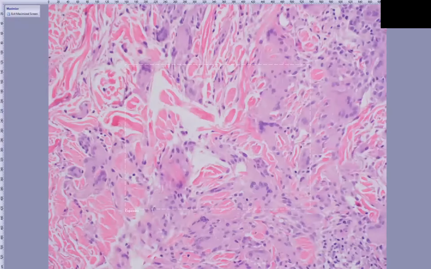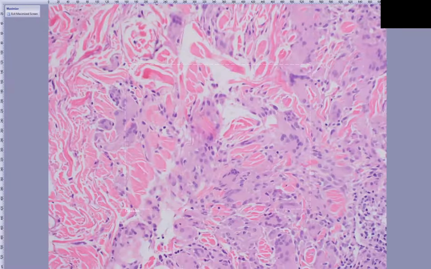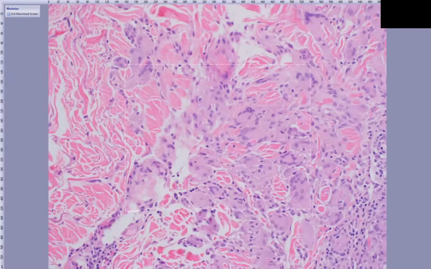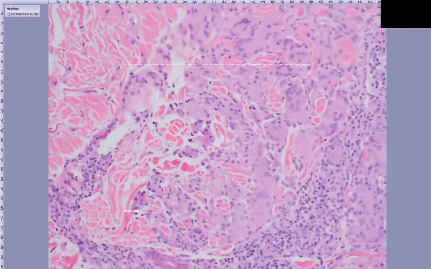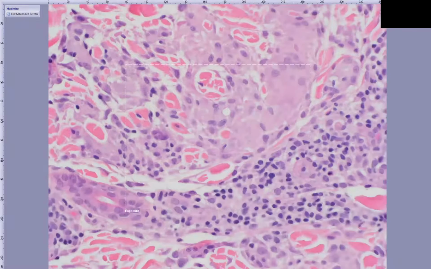One thing that stands out about actinic granuloma of O'Brien is you'll see evidence of elastophagocytosis within the cytoplasm of the giant cells. So they engulf elastic tissue fragments.